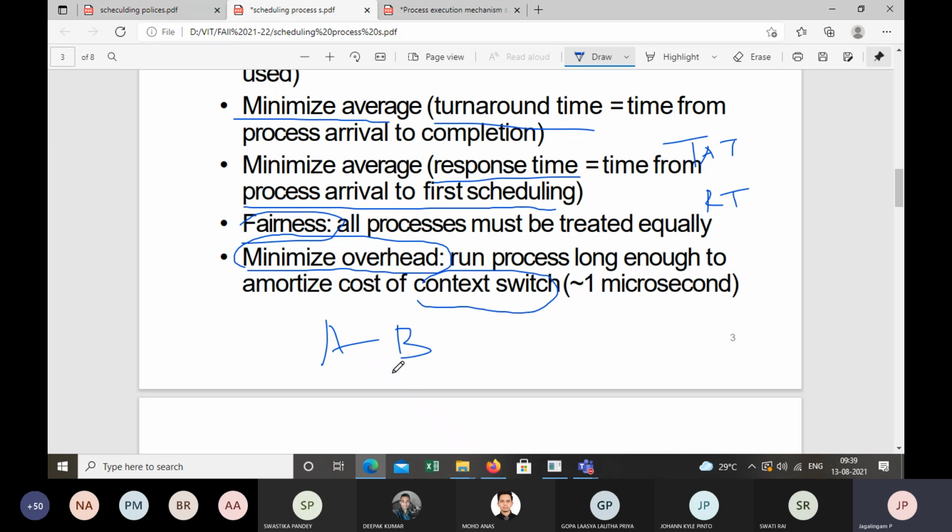For this context switch to happen, it needs at least less than 1 microsecond. When the operating system makes a context switch from one process to another, it takes a minimum of less than 1 microsecond. Now, can you relate this to minimized overhead?